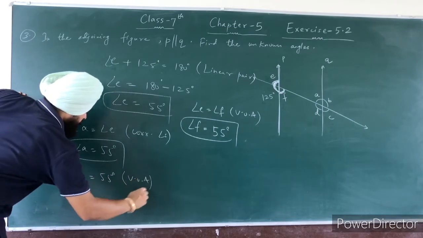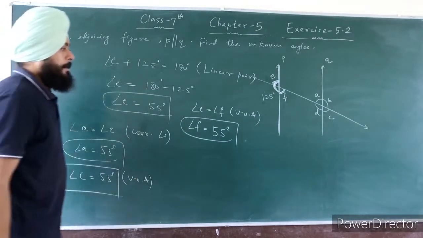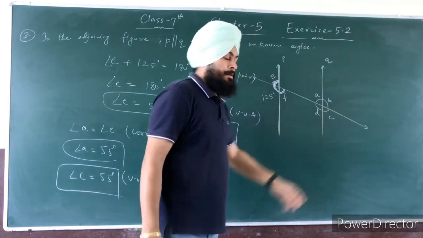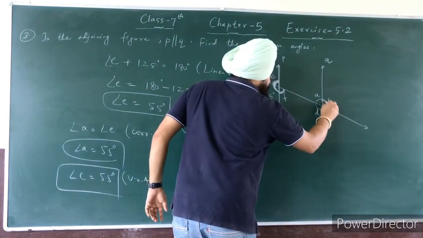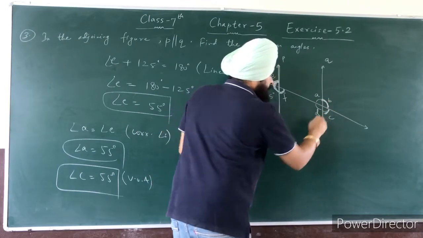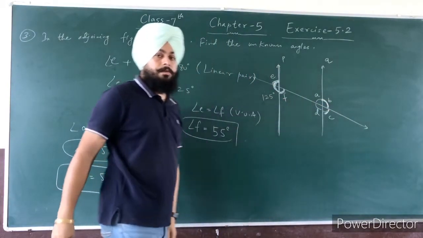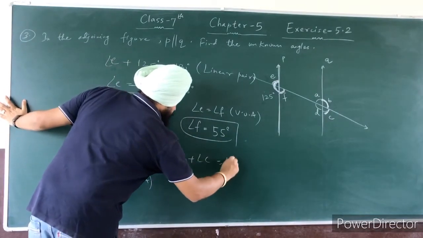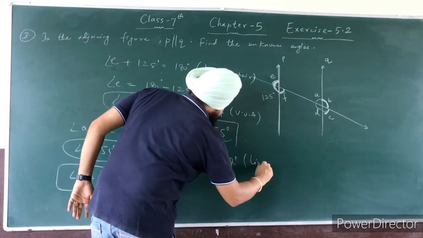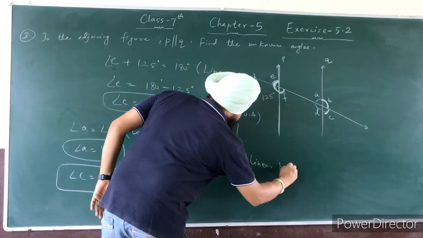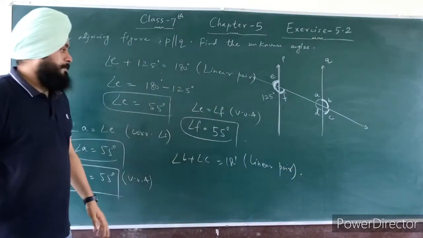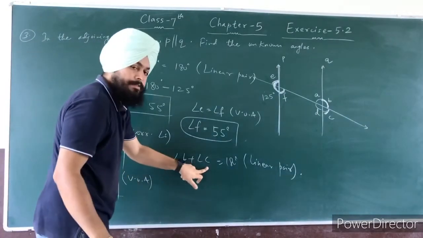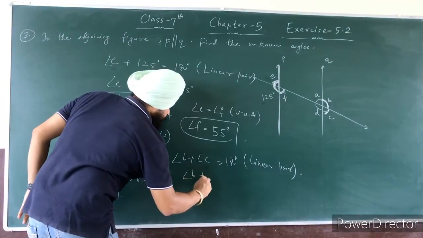Reason, vertically opposite angles. The next one, the measure of angle B is how much? This angle B and this angle C, the sum of angle B and C is 180 degrees. The reason is linear pair. Now the measure of angle C is 55 degrees, so you can put the measure of angle C, 55 degrees, here.